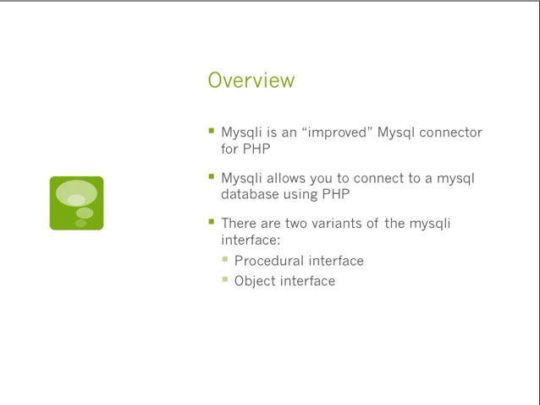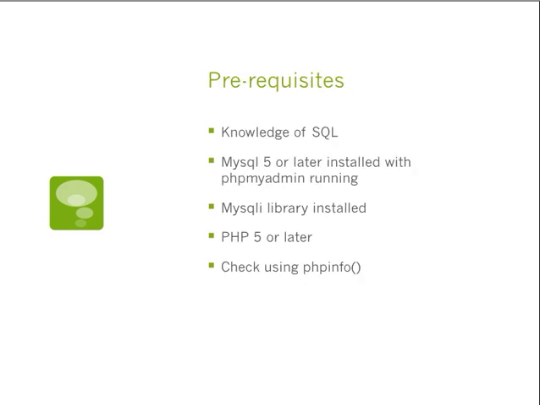You'll see in this set of lectures that the object interface uses pretty much the same methods that you would expect for object orientation. So there are constructors and you call methods and so forth. Anyway, let's take a look at how to access a database using MySQLi in PHP.